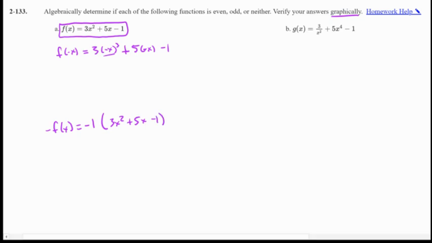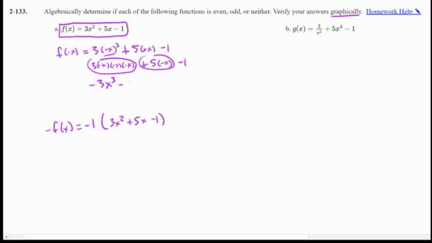If I do negative x, this becomes 3 times negative x times negative x times negative x plus, again, 5 times negative x minus 1. So this ends up becoming a negative, sorry, a 3 is positive, so positive times a negative times a negative times a negative ends up becoming a negative 3x cubed.